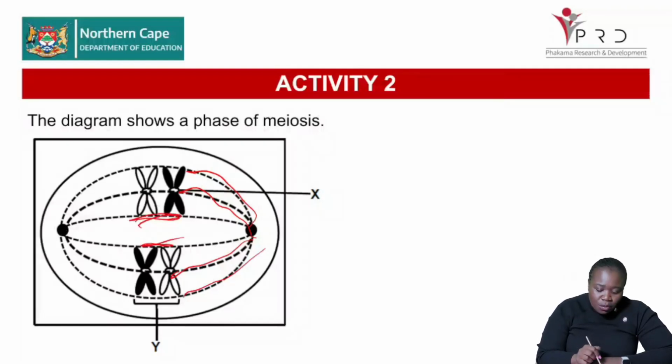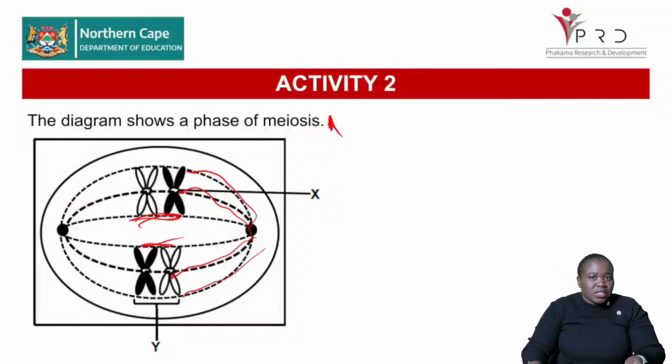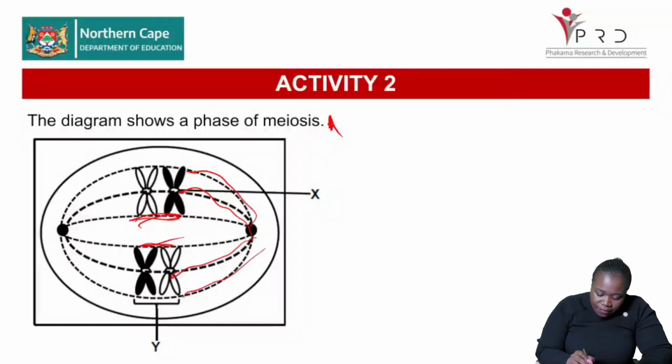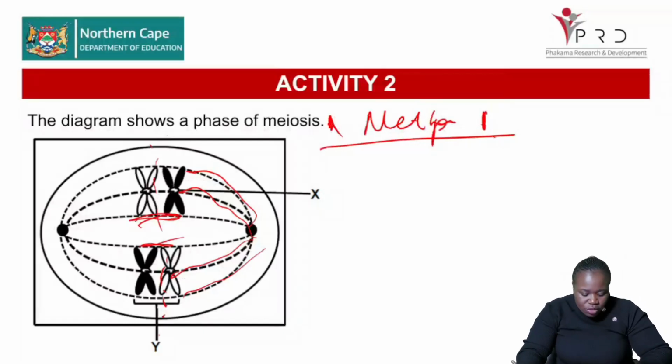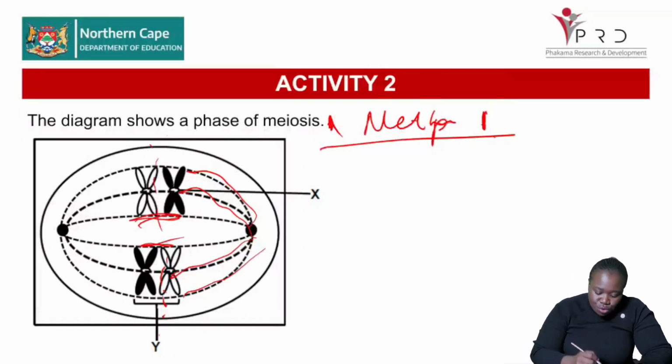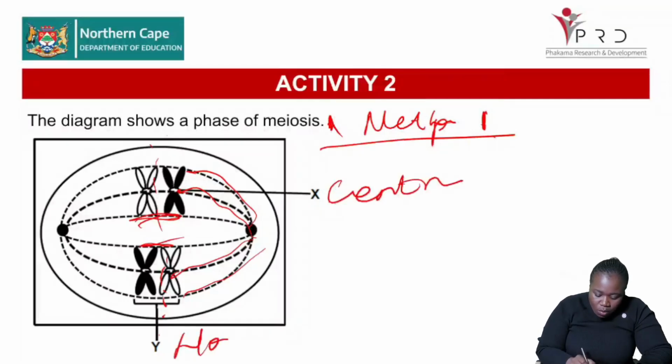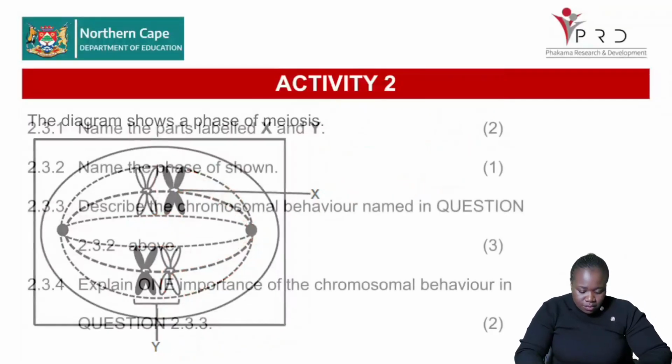Once chromosomes are in homologous pairs, you know that this is meiosis I. That is definite, because in meiosis II, chromosomes are now single chromosomes, right? And if the spindle fibers are attached like this and the chromosomes are at the center of the cell, it means that we are looking at metaphase I. So by the time you get to the questions and the question is asking which phase, you know. This one here is the centromere, and this is a homologous pair of chromosomes.